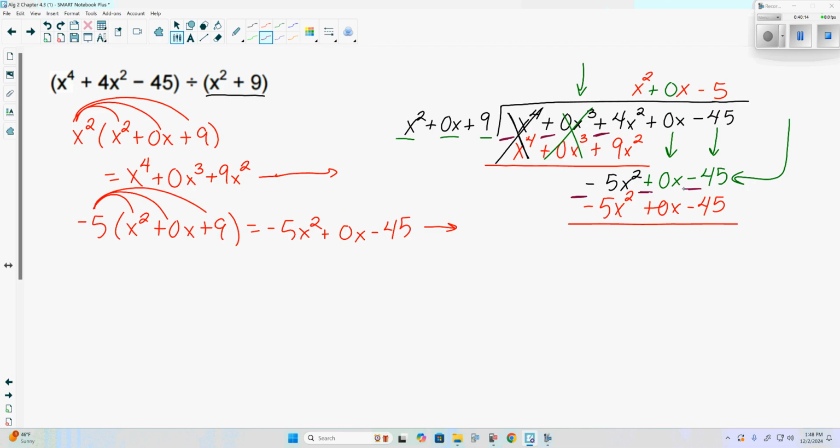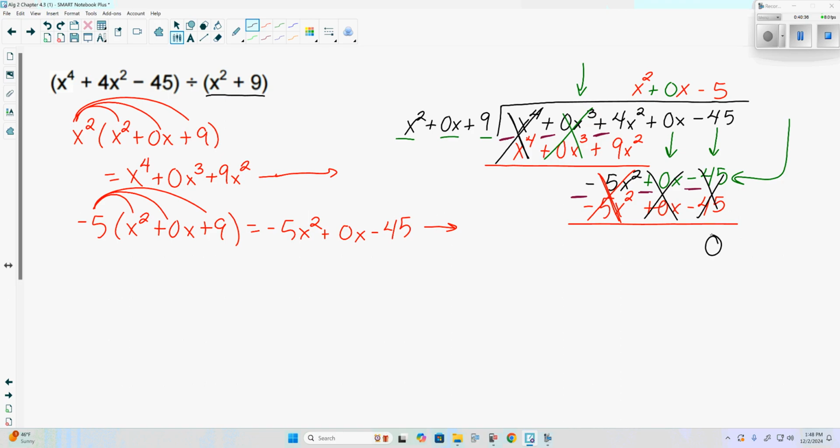Last but not least, we're going to subtract. Negative 5x squared minus negative 5x squared. Negative 5 minus negative 5 is 0. 0 minus 0x is still just 0, yes? Negative 45 minus negative 45 is 0.